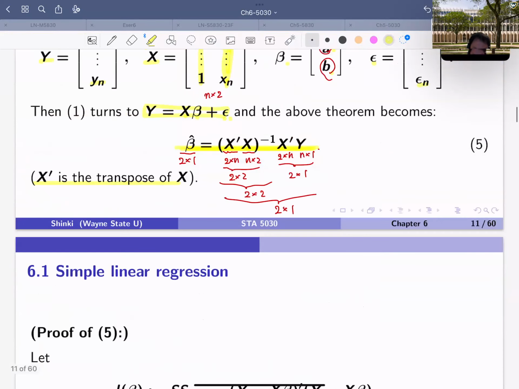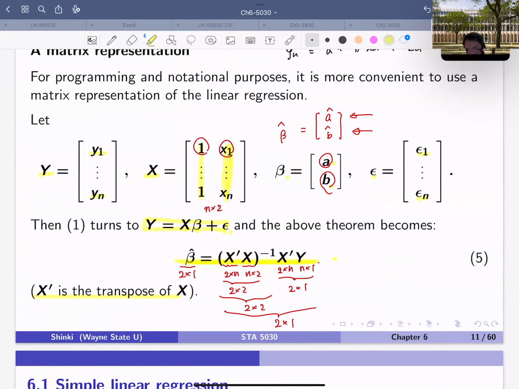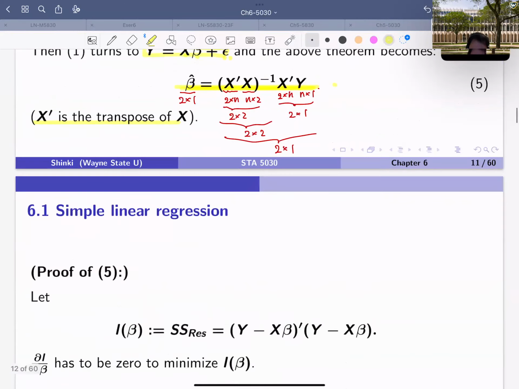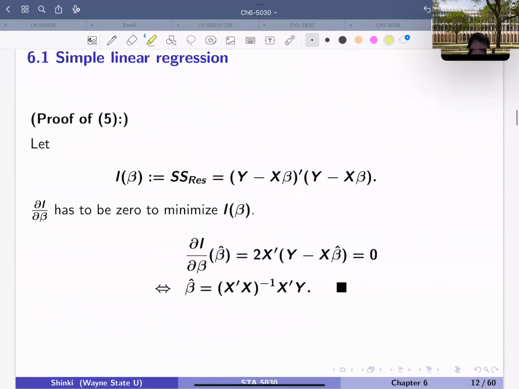And how to prove this? Actually, this proof is probably simpler than the previous one, the formula for A hat and B hat, Theorem 1. So we want to minimize the sum of squared errors.